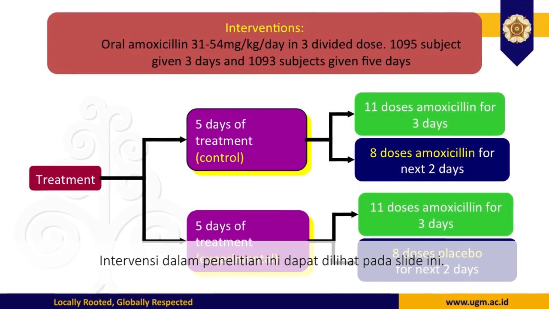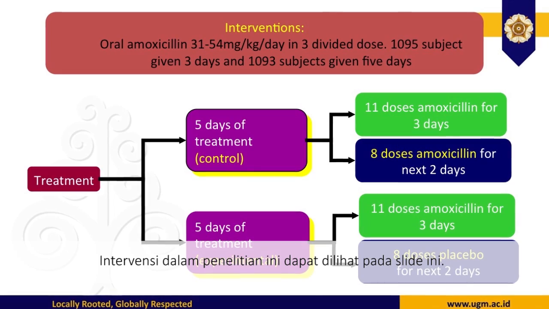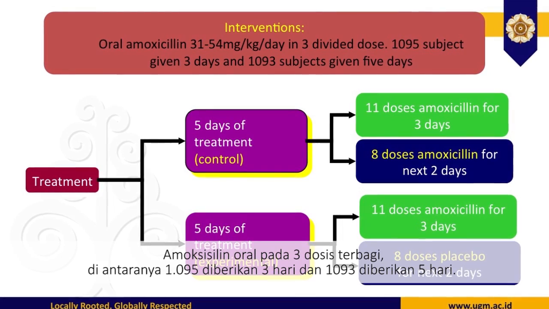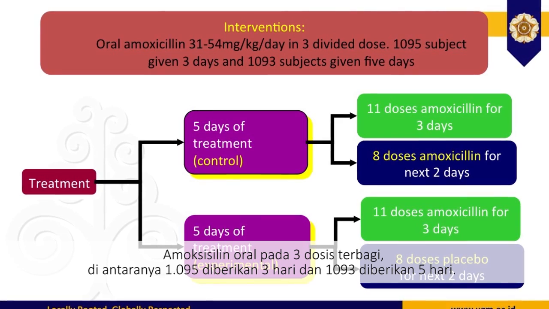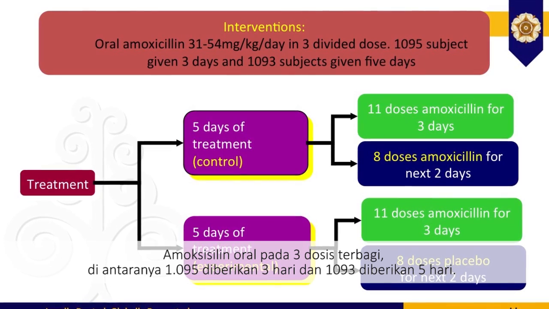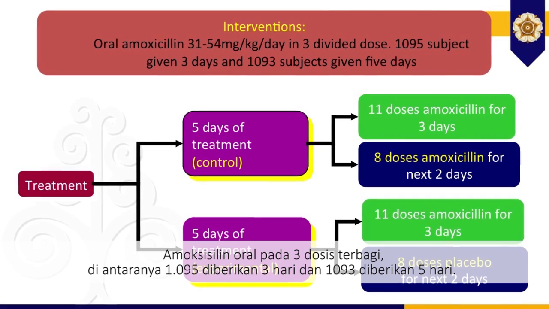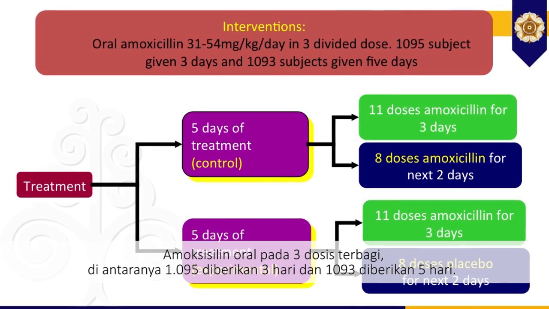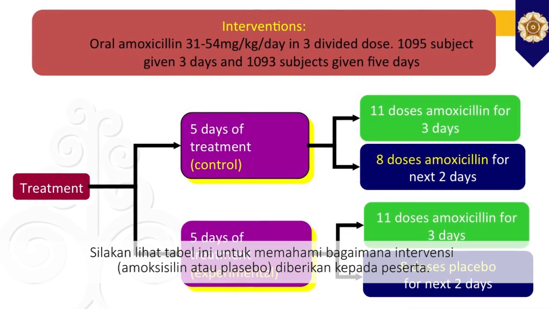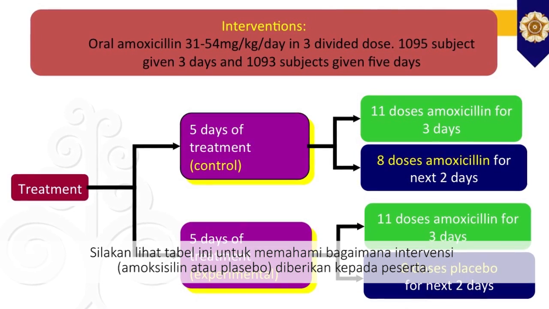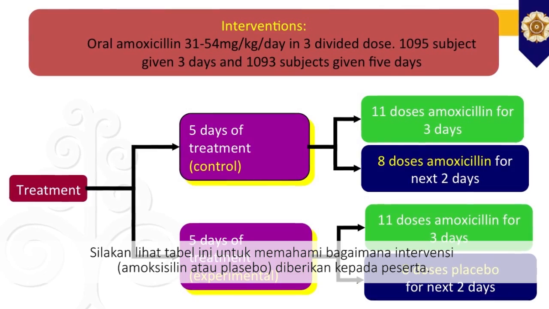The intervention of this study could be seen in this slide. The intervention was oral amoxicillin in 3 divided doses, of whom 1,095 were given 3 days and 1,093 were given 5 days. Please see this chart to understand how the intervention, amoxicillin or placebo, was given to the participants.